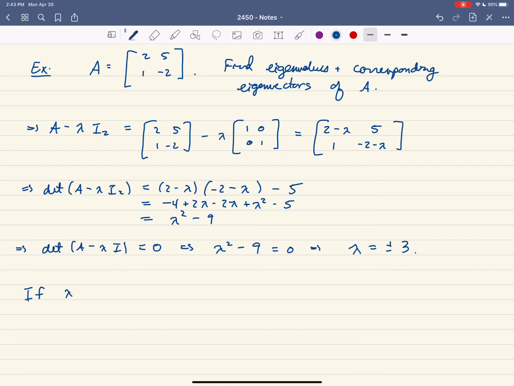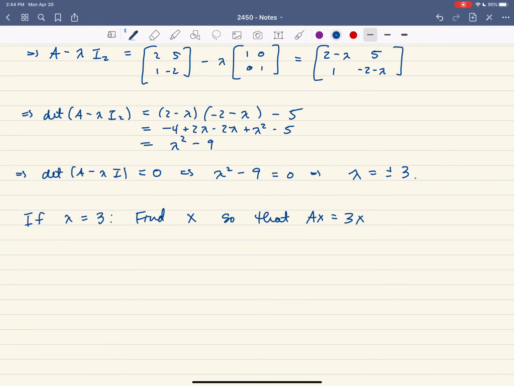And so what we can do then is look at the eigenvectors. So if lambda is equal to 3, I want to find x so that Ax is equal to 3x. So here I want to solve Ax equals 3x.